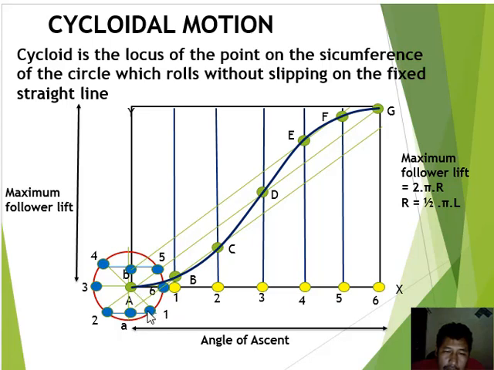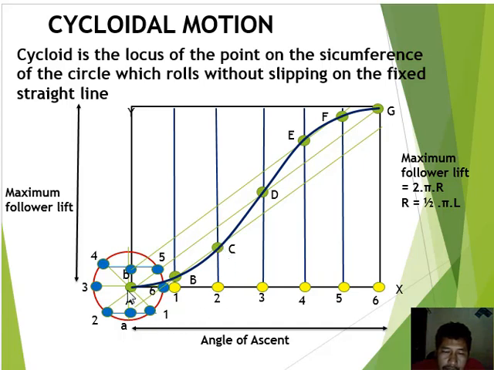The intersection of point 1 on the circle and point 1 on the cam motion, you can mark B. And point 2 on the circle, intersecting point 2 on the cam motion, you can mark C like this.